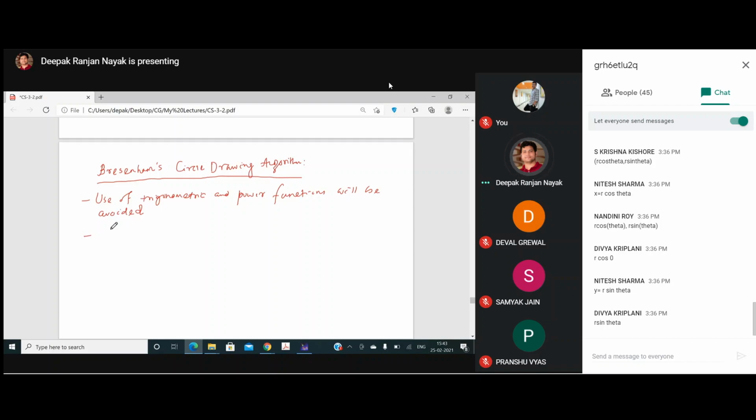Here also we have choices. The idea is pretty similar. Let's say at any point of time you are at point xi, yi, and then you have two different choices. Let's say we are talking about only the first quadrant.